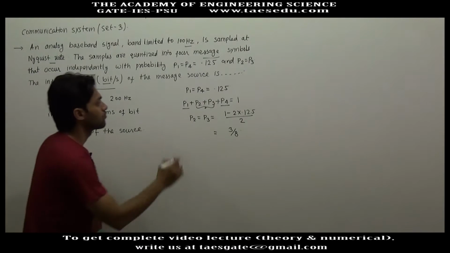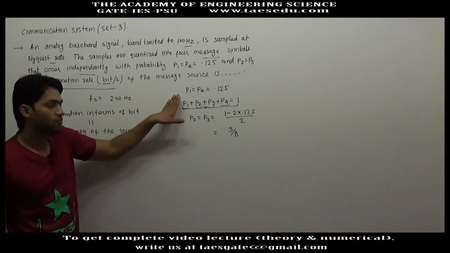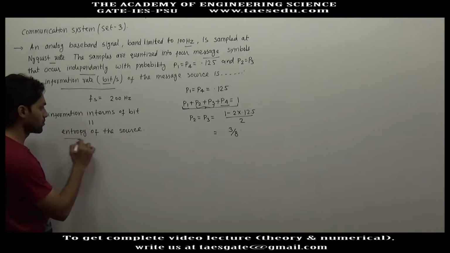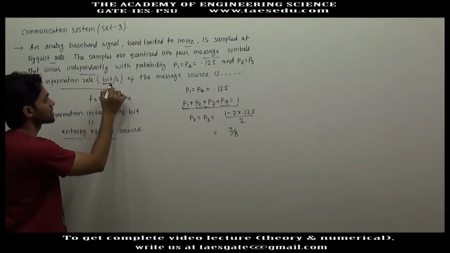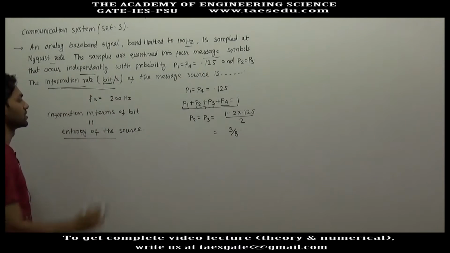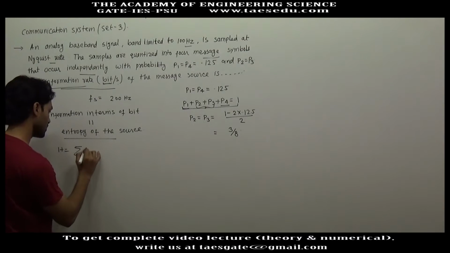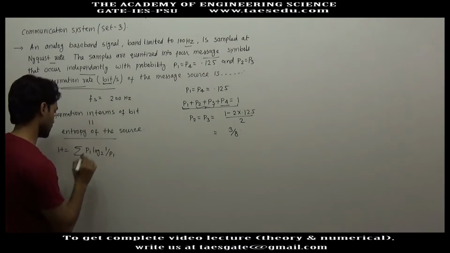We have 4 possible message symbols with the probability of each symbol given. So we first find the entropy of the source, and the entropy in bits per second will give the information rate. So entropy H equals the summation of Pi log base 2 of 1 upon Pi.